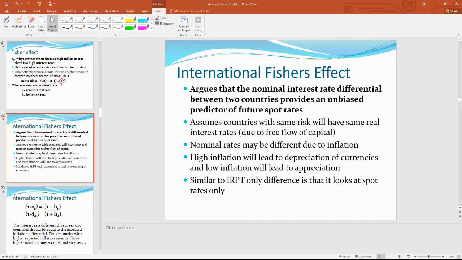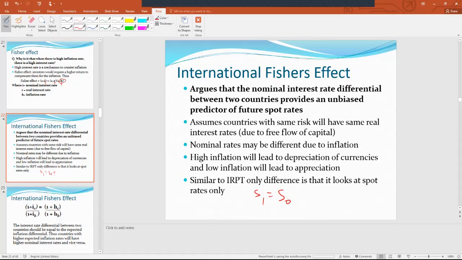We should remember that theory we just discussed. The inflation rate differential can be used to predict the future spot rate, which we said is given by the future spot rate equal to the current spot rate, sorry, multiplied.